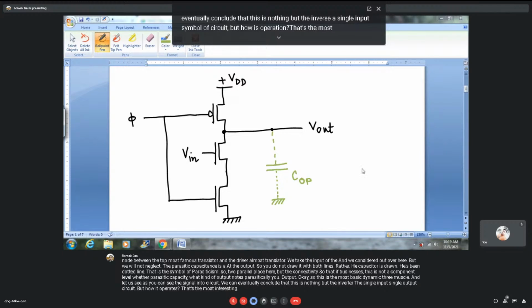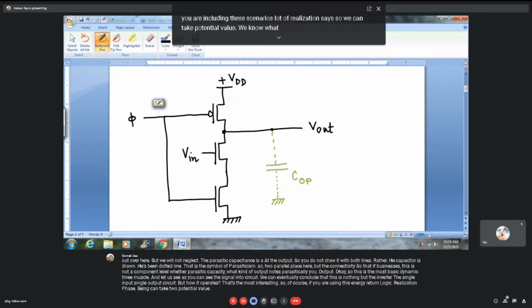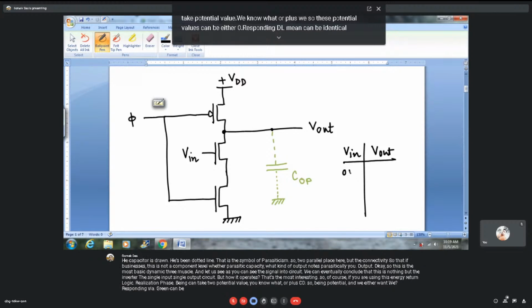Of course, if you are using this in a digital logic realization phase, Vin can take two potential values, either 0 volt or plus VDD volt.